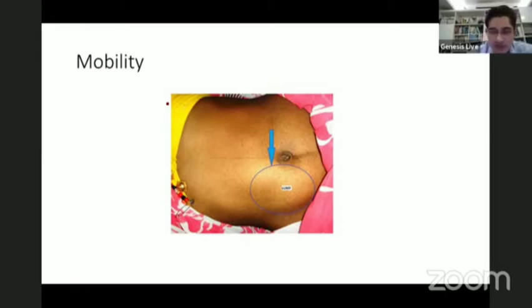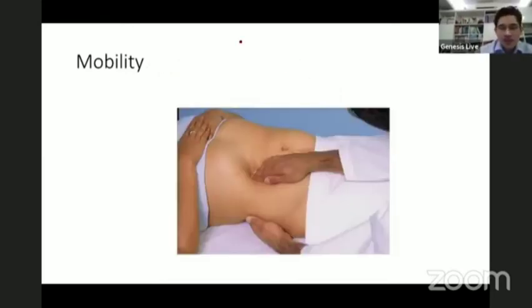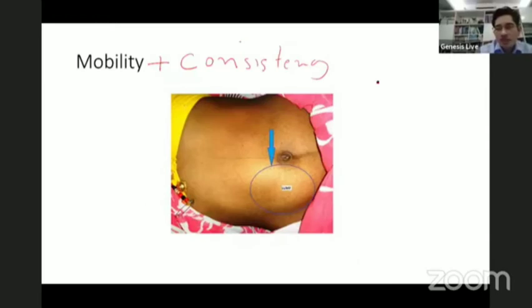Edge again may be difficult. Consistency is very important. Consistency and mobility. These are the 2 things that you want to find out, right? Now, in case of malignancy, the consistency would be hard.